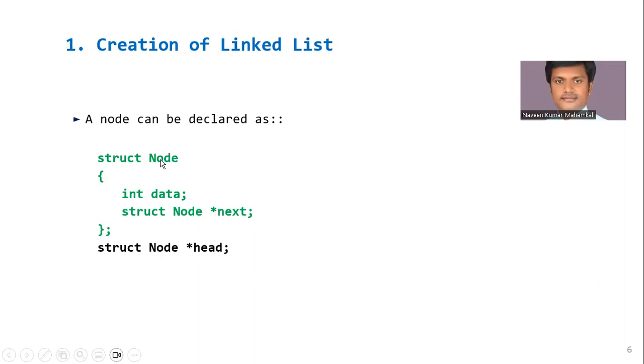As I told you, a node has two parts. The first part is for data and the other part is for storing the address of the next node. Here next is a pointer that always holds the address of the next node. I have now declared a pointer head.